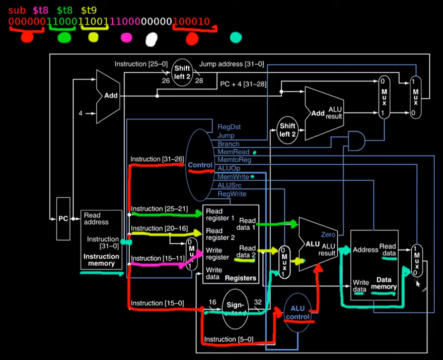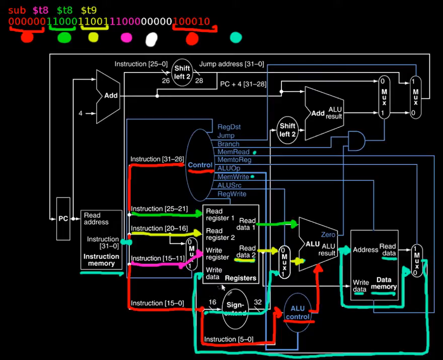So we have this set to 0. Again, that's the mem to reg control. And this data follows through this line. This is the result of the contents of register T8 minus T9, and it comes back here to write data.